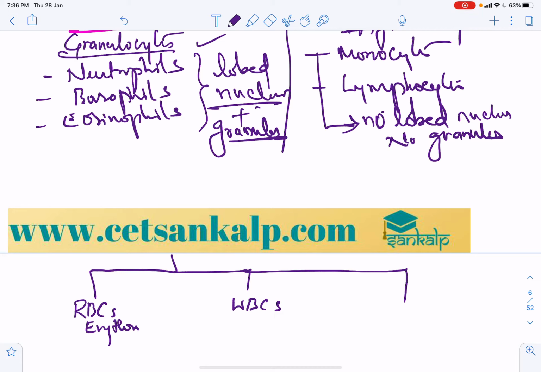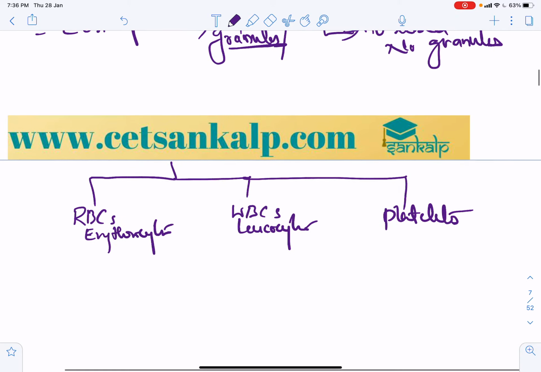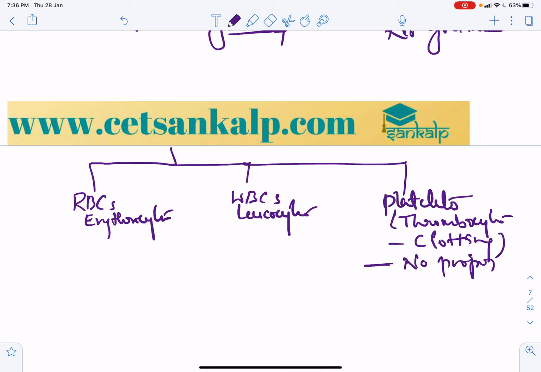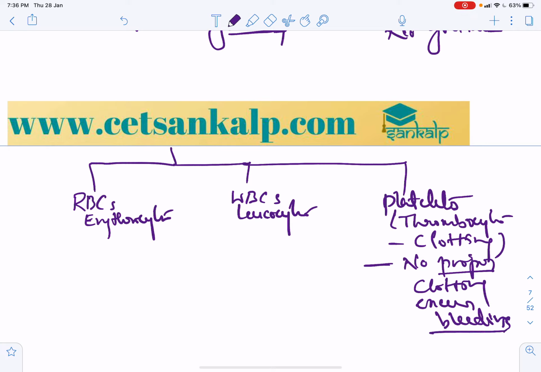These are called erythrocytes, these leukocytes, and these platelets. Platelets, also called thrombocytes, play a major role in clotting. If there is a deficiency, no proper clotting takes place, which leads to excess bleeding.